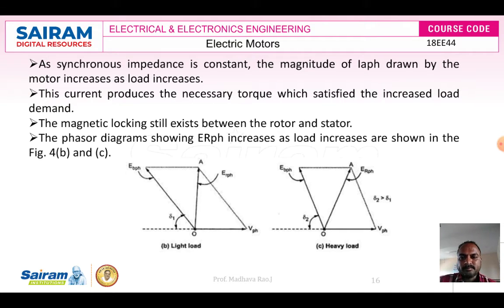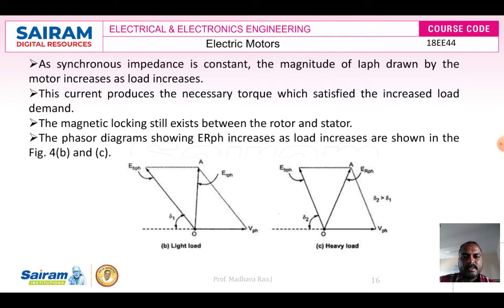The synchronous impedance is constant when the load on the synchronous motor increases. The magnitude of the current IAPH will increase. Similarly, in induction motor and DC shunt motor, when the load increases, the current drawn from the supply increases.